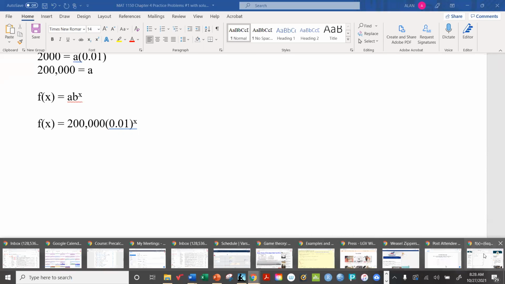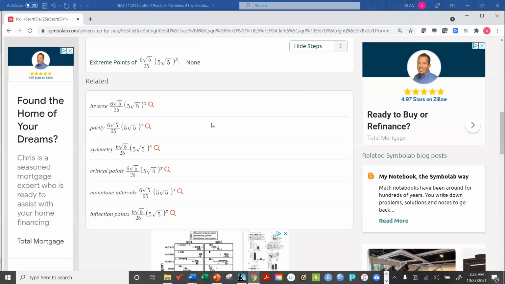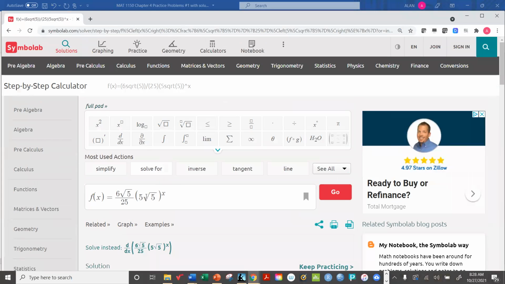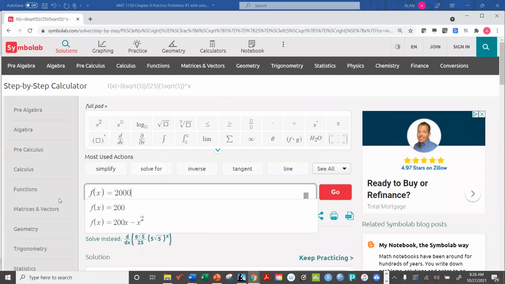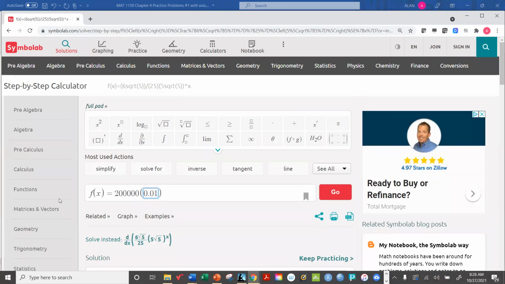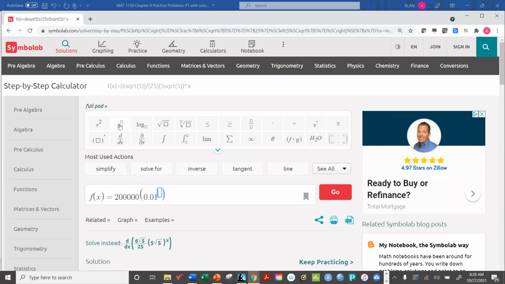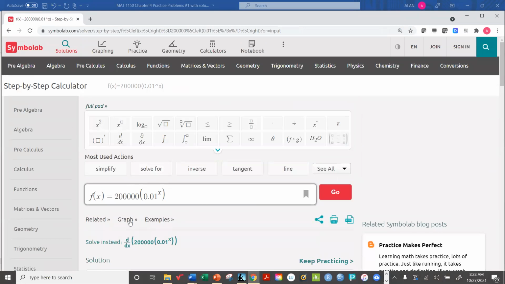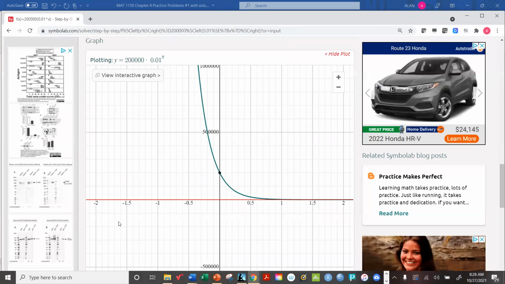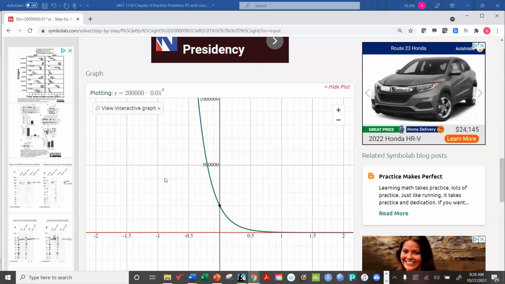Oh, all right. Let's go look at it. There's no point in guessing. So we'll get rid of all of this. f of x this time equals 200,000 times 0.01 to the x power. Oh, it's going down, oh, that's why. You know why? Because b is a fraction. It's still all positive, but it's facing down because b is a fraction.